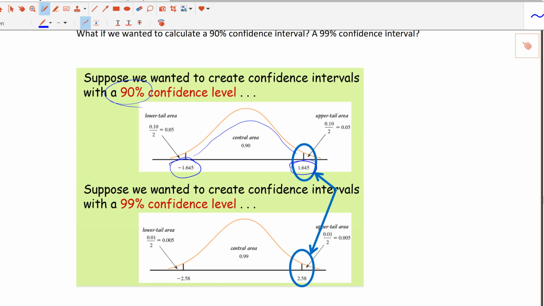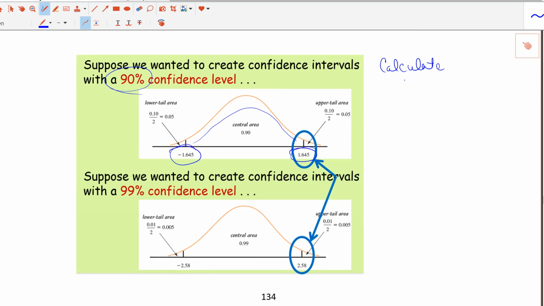So to calculate this confidence interval, a 90% confidence interval, it's going to be done the exact same way as a 95% confidence interval, but we're just going to change this number from 1.96 to 1.645. And we'll have p hat times 1 minus p hat all over n.